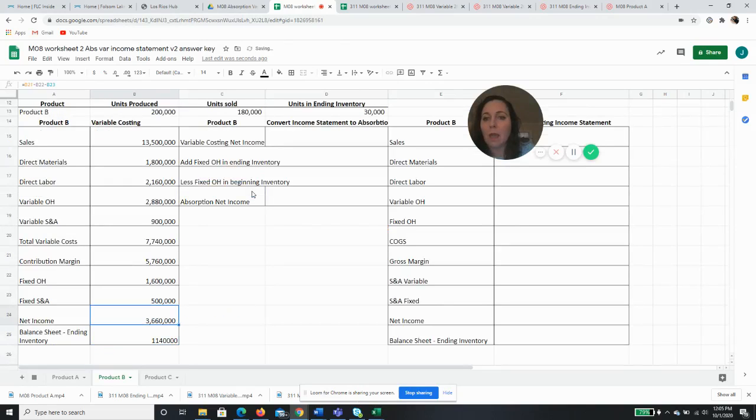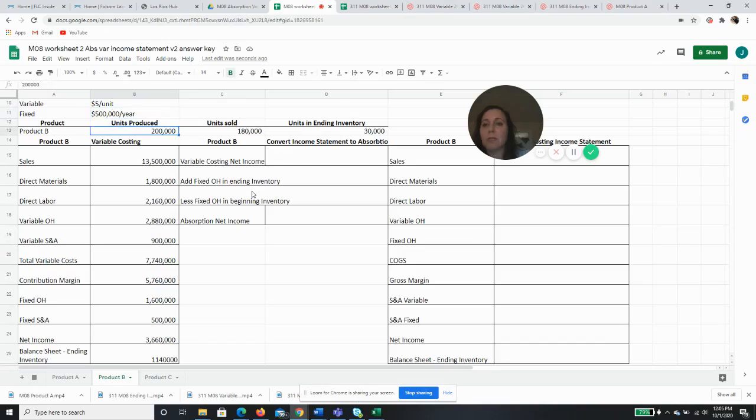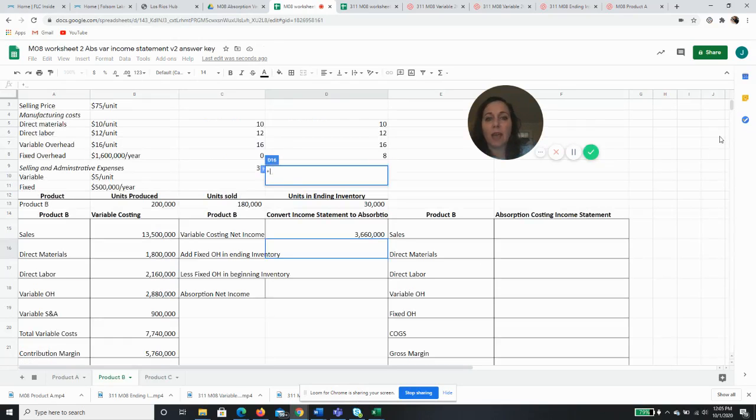Just going to calculate my ending inventory really quick because it's there. Now I want to reconcile, or convert, my variable net income to absorption net income. So I'm going to start with a variable net income of 3,660,000. I'm going to add the fixed overhead that's sitting in my absorption ending inventory. So it's my ending inventory of 30,000 units times my fixed overhead of $8 a unit. I'm going to add that 240,000.